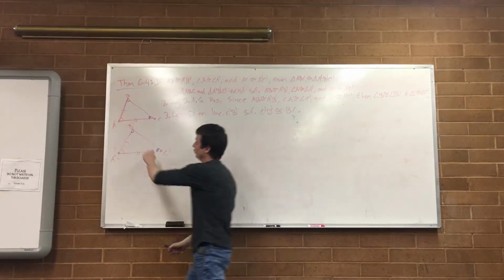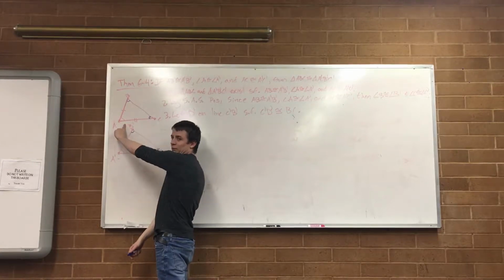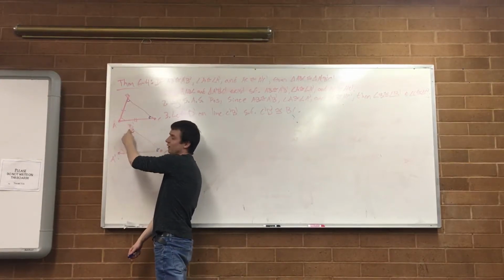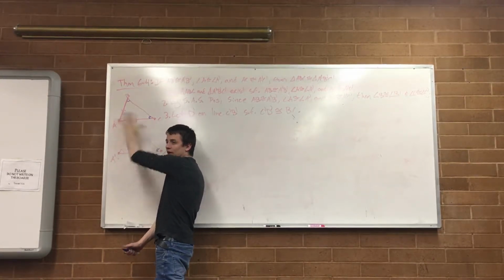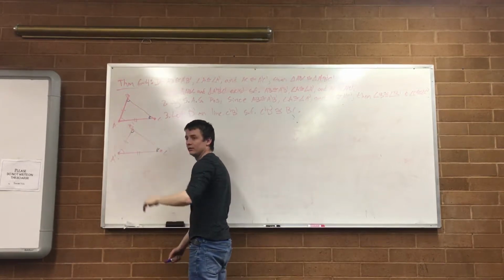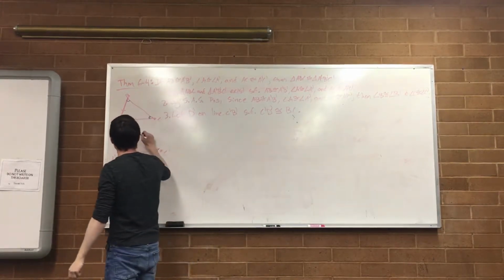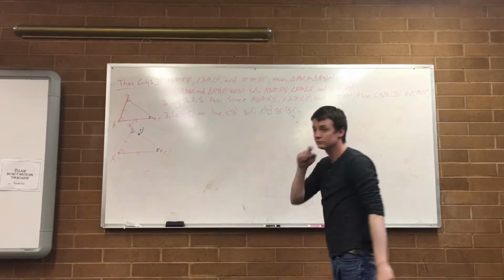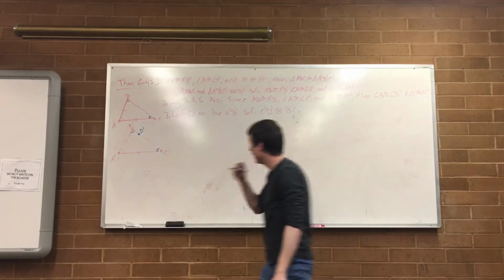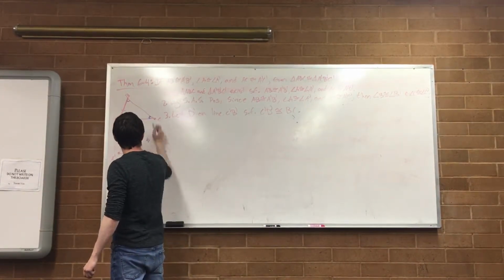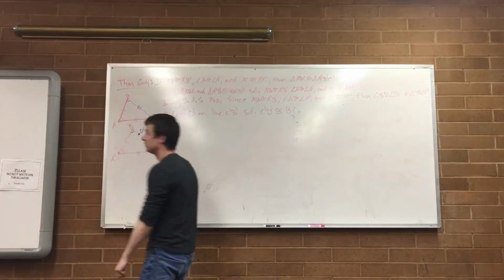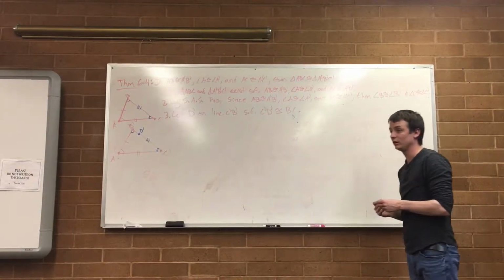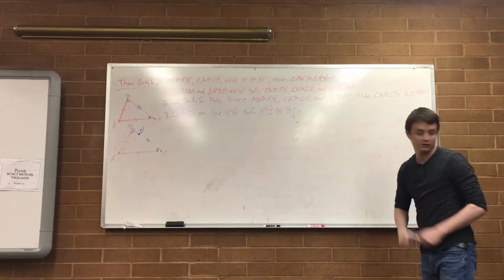So my D prime could in reality be past B, it could be over here, it could be right on B prime. It could be anywhere on that line. I'm just arbitrarily drawing it right here. Good? Yes. And so now we know that this is congruent to this. That's how we constructed it. Still with me? Yeah.